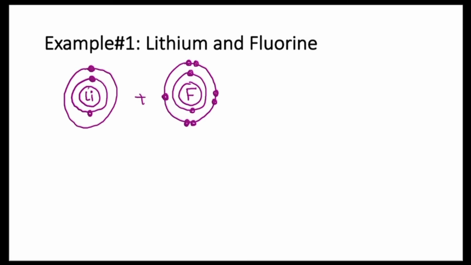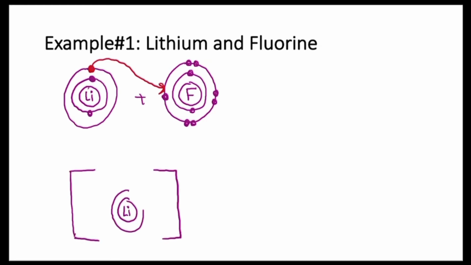So this electron right here is going to be given to the nonmetal fluorine. And your end result of this, we draw these brackets, and then inside lithium, which since it's donated an electron, only has 2.